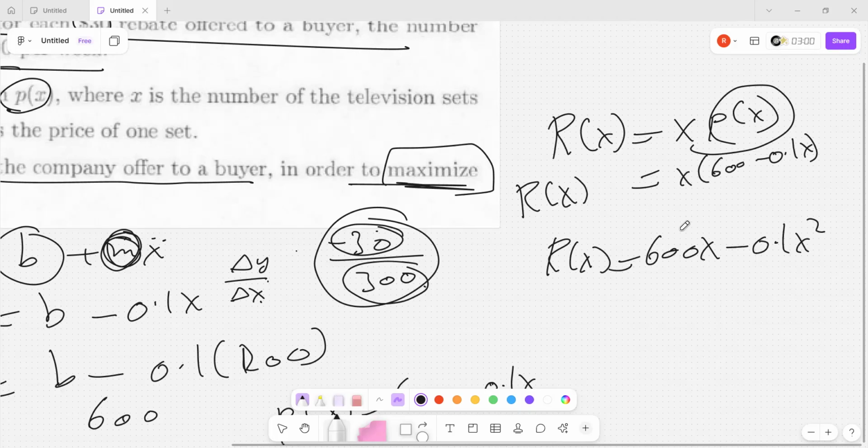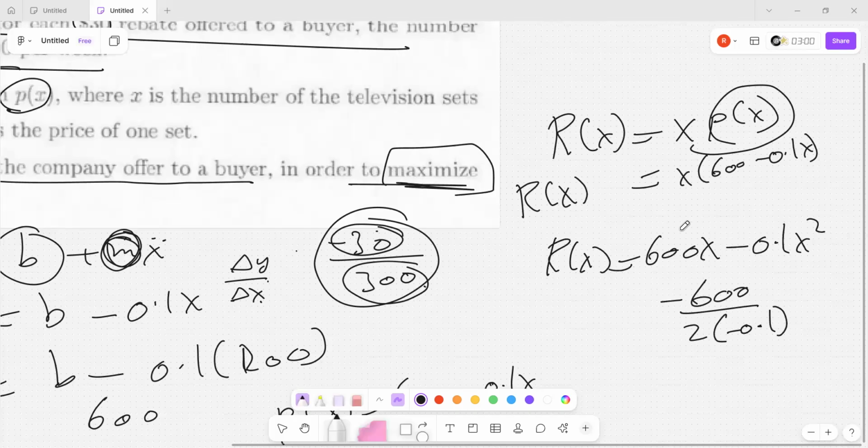Now we can use negative B over 2A to find it. So it will be negative B, which is 600, over 2A, which is negative 0.1. So this is the X vertex we will need.